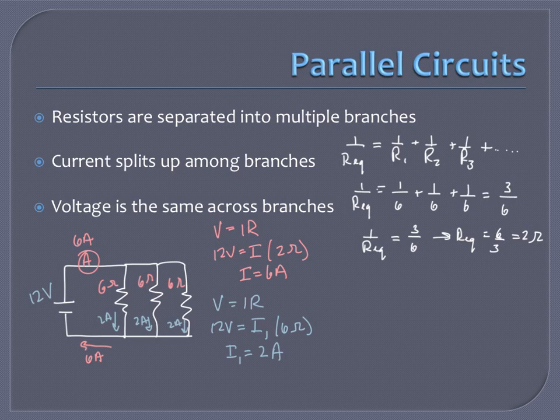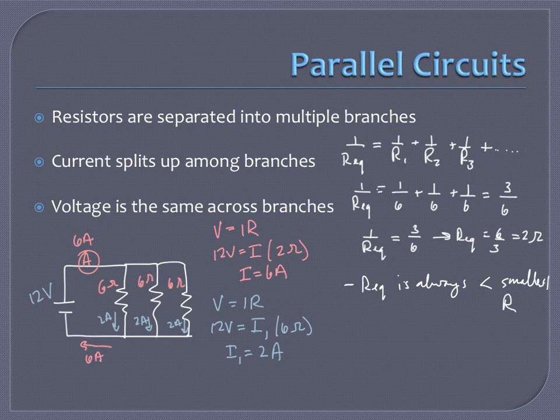Now a few other notes here about parallel circuits. The equivalent resistance is always smaller, always less than the smallest resistor.